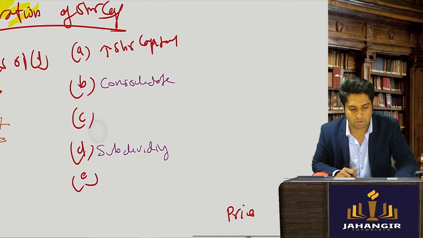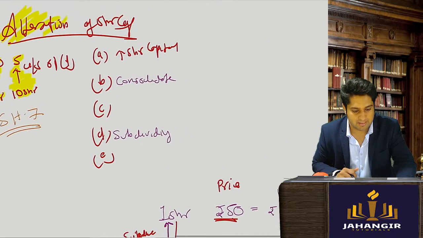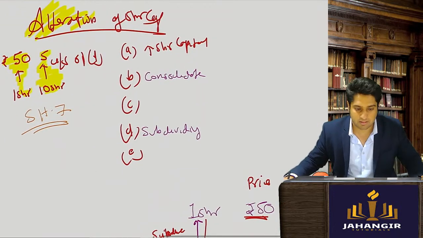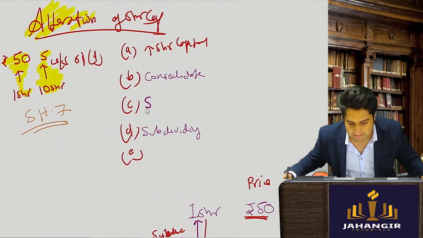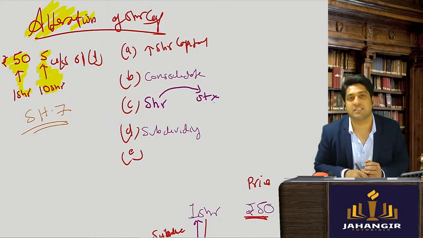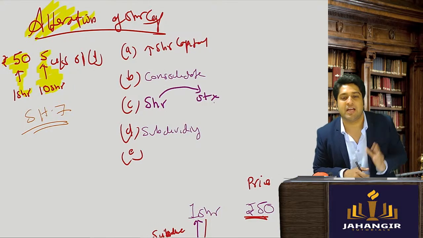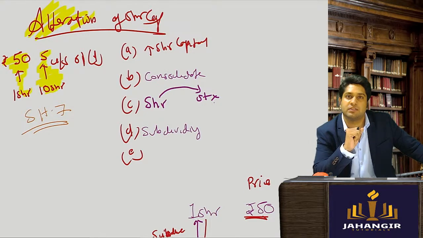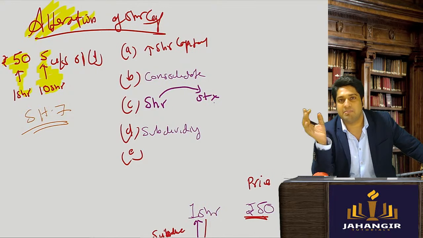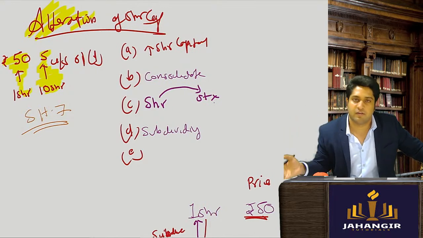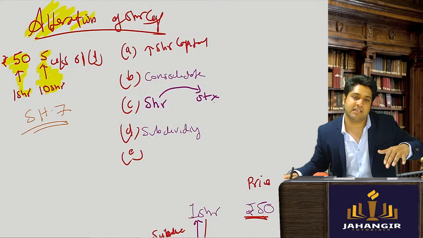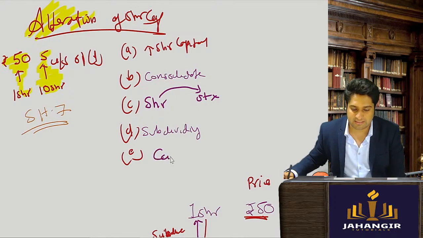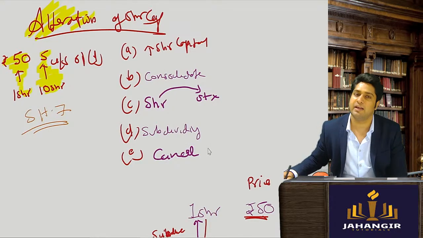So company, if they want to consolidate or subdivide, then there is also turning your shares into stock. What do you mean by turning your shares into stock? You might be having 100 share certificates. You can surrender them and make it as a stock certificate, where one certificate will be representing 100 shares, or cancel shares which are not taken up by anyone.